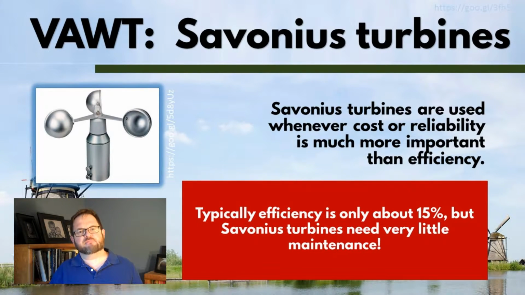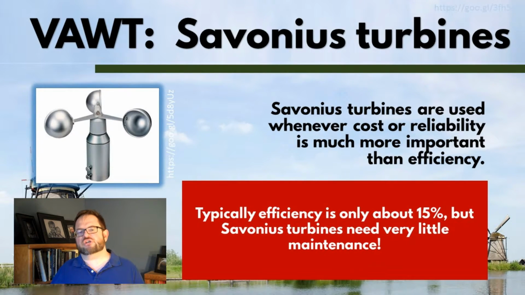They are relatively simple and easy to maintain and can be left unattended for very long periods of time without engineers checking on them, but they are not very efficient. Typical efficiency only runs about 15% with a Savonius wind turbine. You might remember that Betz's law says we're limited to about 59% efficiency, but there's a long way between 15 and 59.